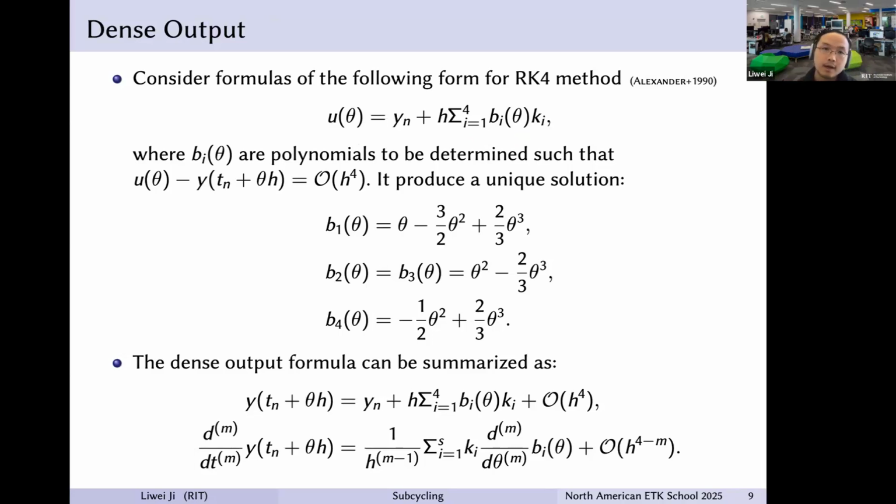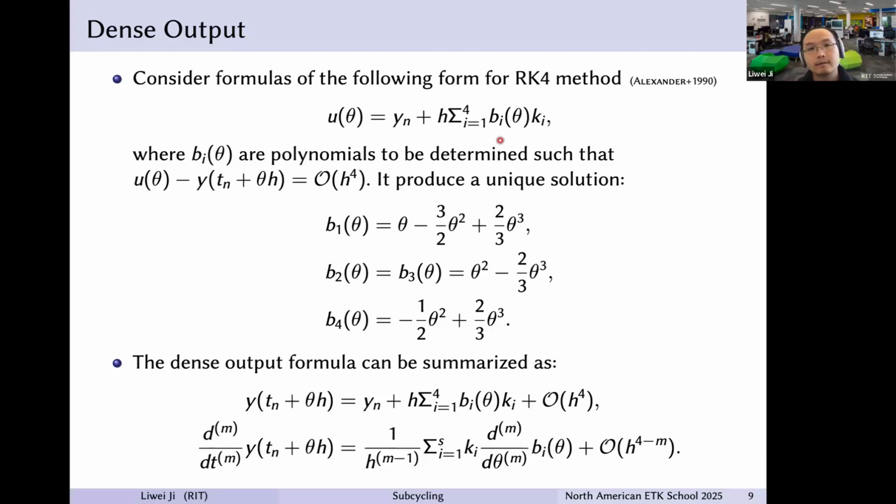So you can have a polynomial that you can evaluate anywhere between yn and yn plus 1, and it will have the same accuracy as yn plus 1.